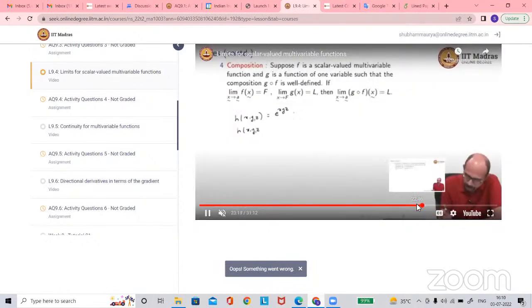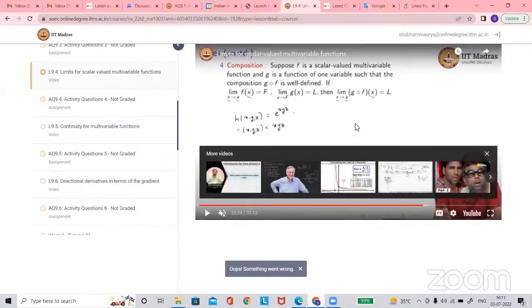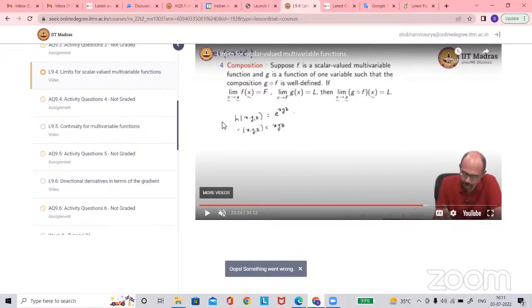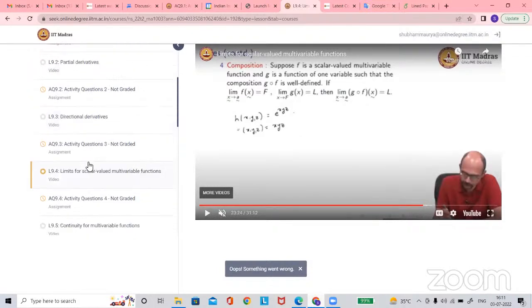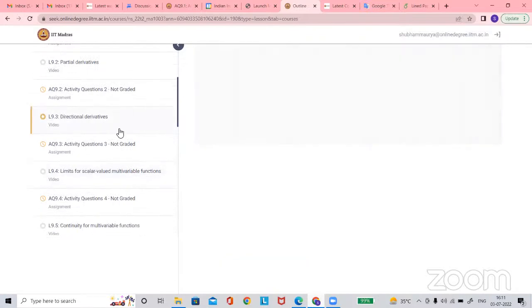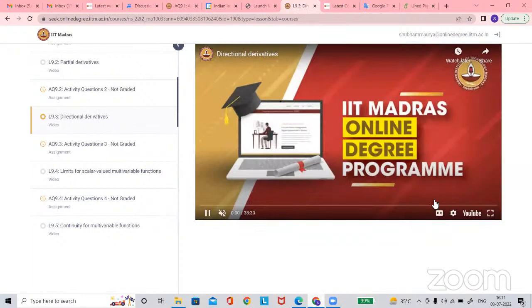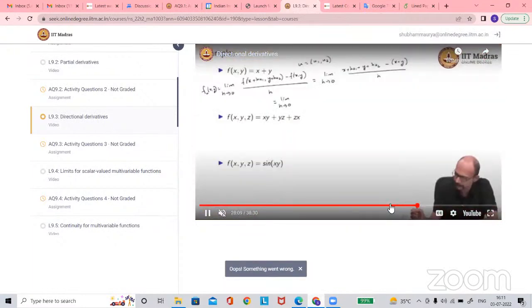The third one is about sine xy, again a trigonometric function. It may be in 9.3, because linearity and products, then the product rule, then the quotient rule he explained.